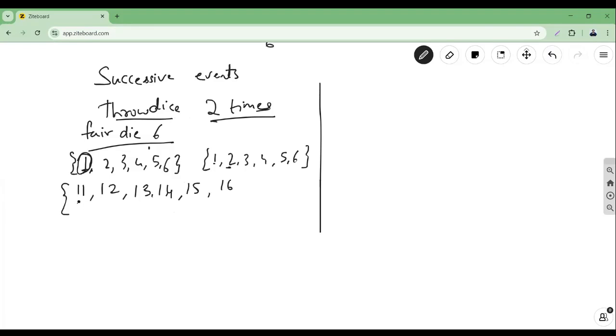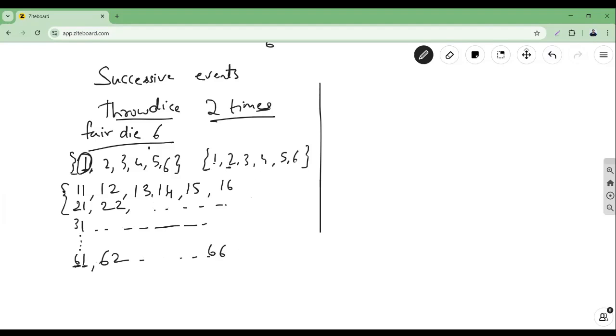Now I could have a 2 in the first throw: 2, 1. 2, 2. Right? So it goes on like this. 3, 1. It goes on like that till I get 6, 1. That means the first time I get a 6 and the second time I get a 1. Then 6, 2. It goes on like this till 6, 6.